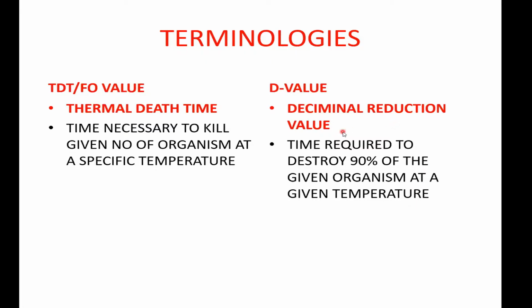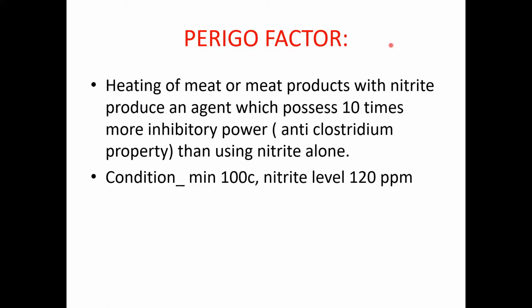Then what is the Perigo factor? Normally they ask this in competitive exams like the ICAR exams. When you use nitrite along with high temperature, around 100 degrees, and nitrite at around 120 ppm, it forms a factor called the Perigo factor.